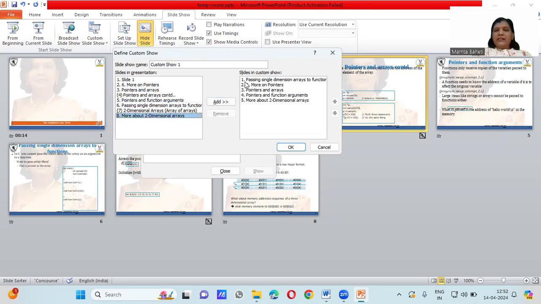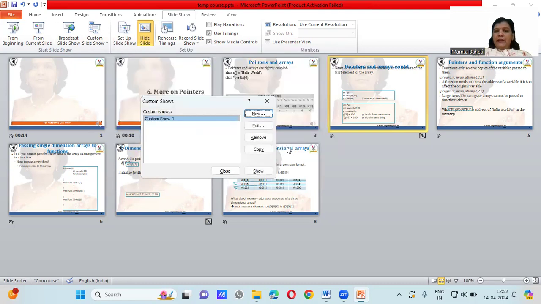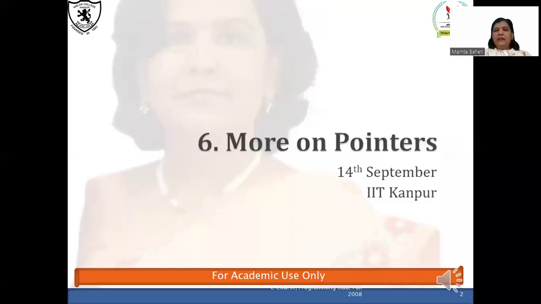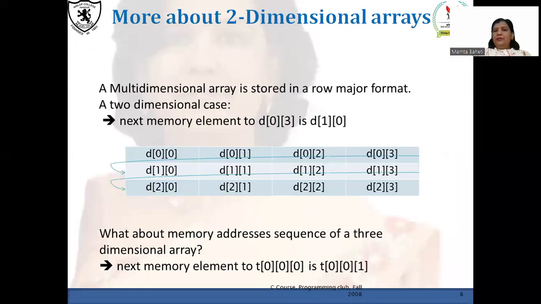So now my first slide is passing single dimension. Actually, it is on sixth number. Then six or more pointers, it was on second number. Okay. So I'm clicking on it and clicking on show. So now you can see the sequence is changed.